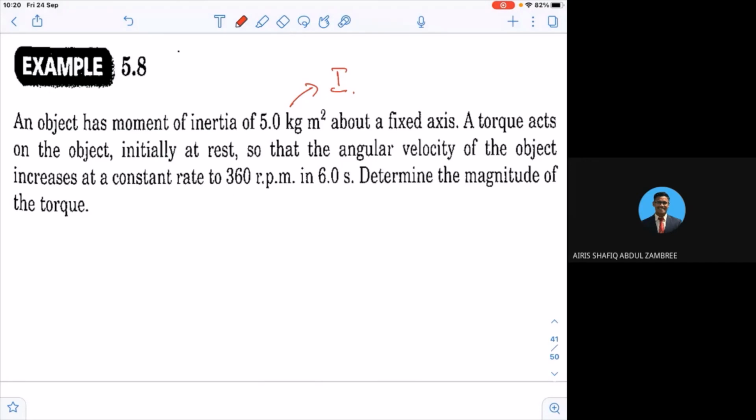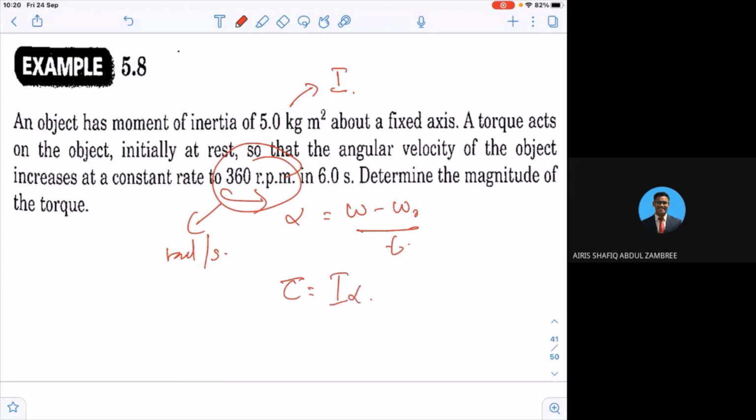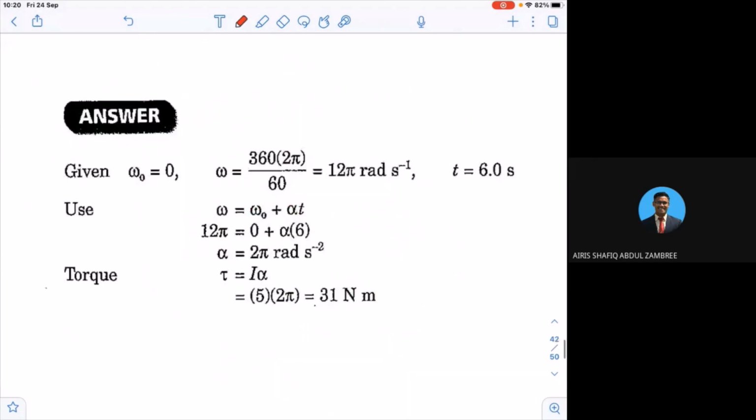Here they want you to find alpha based on omega minus omega naught divided by t, but you need to convert rpm into radians per second first. Determine the magnitude of the torque. After that, torque equals I alpha. I is from the question and alpha is from this one. In the end, you will get a torque of 31 newton meters.